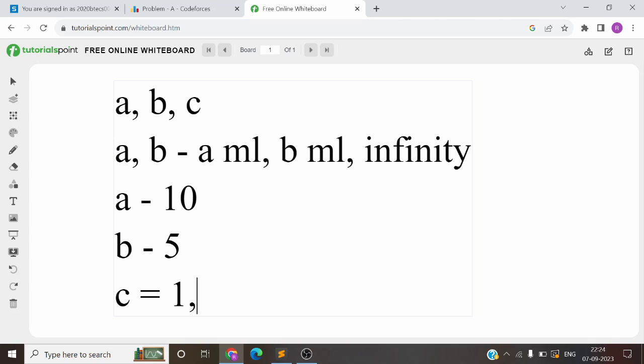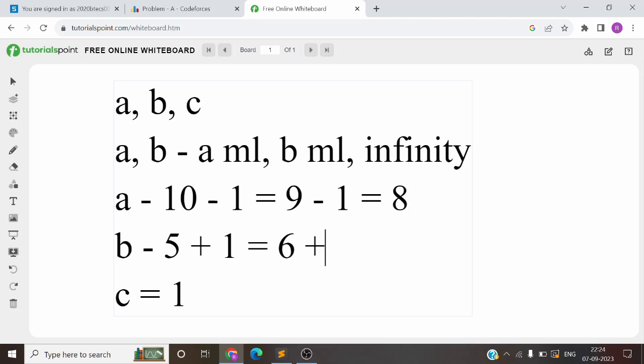The first time you can move at most 1. If you move a maximum of 1, the value of A will be 9 and the value of B will be 6. Are they the same? No. Again reduce by 1 and increase by 1. Are they the same? No. Again reduce by 1 and increase by 1.